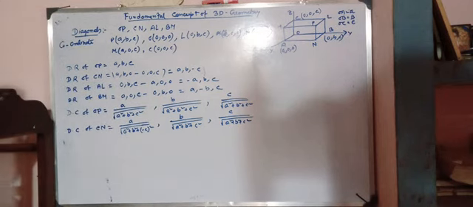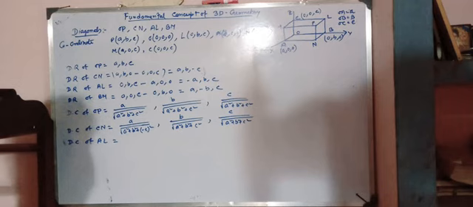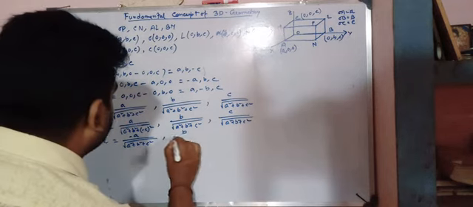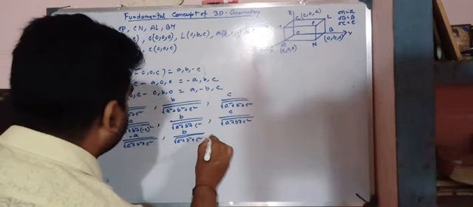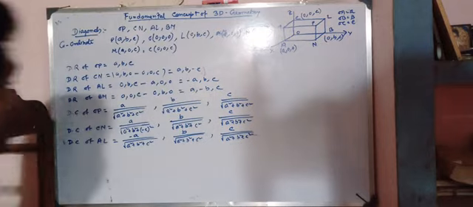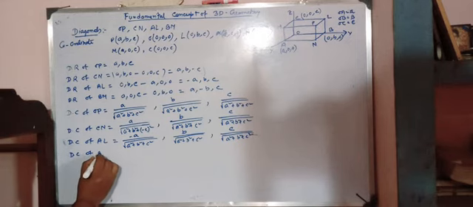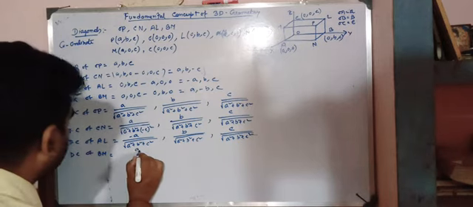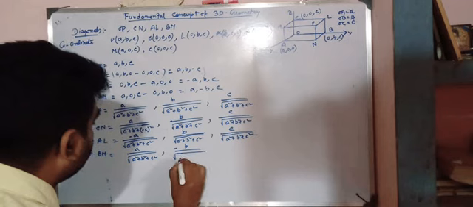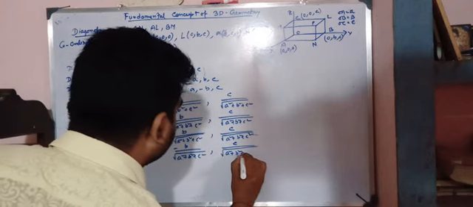Then direction cosines of AL are minus a by root over of a square plus b square plus c square, b by the same root, and c by the same root. Direction cosines of BM are a by root over of a square plus b square plus c square, minus b by the same root, and c by the same root.